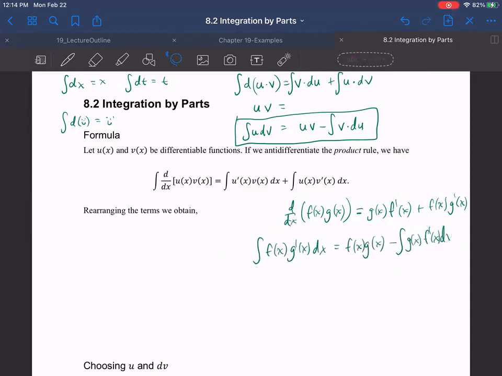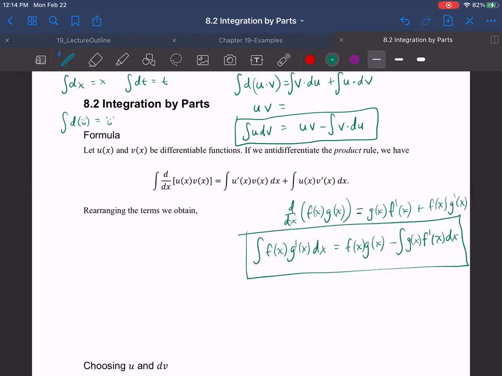Sorry. So those two are equivalent, if that helps you right there, okay? But essentially, that's what we have there.